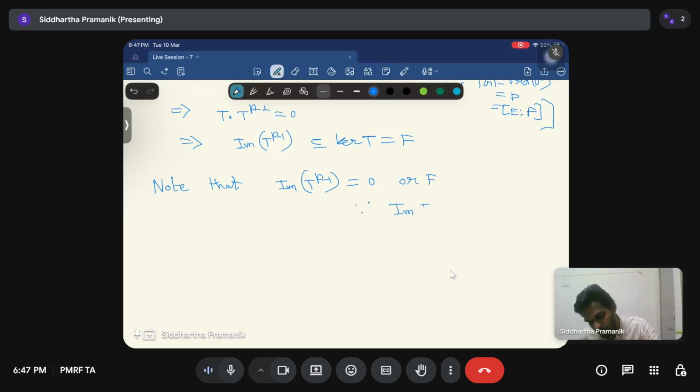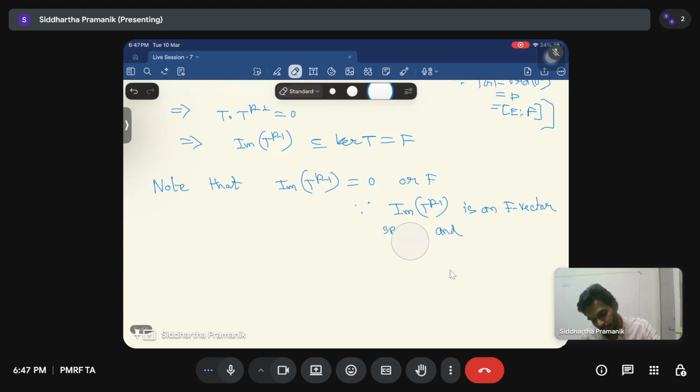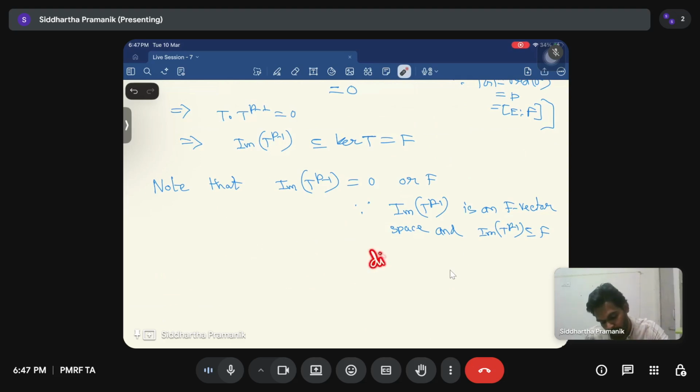Because the image of T power P minus 1 is an F-vector space, and it is a subset of F. So the dimension of the image of T power P minus 1 over F is either 0 or 1. If it is 0, it has to be the 0 subspace. If it is 1, it has to be the whole F. There is no other choice.